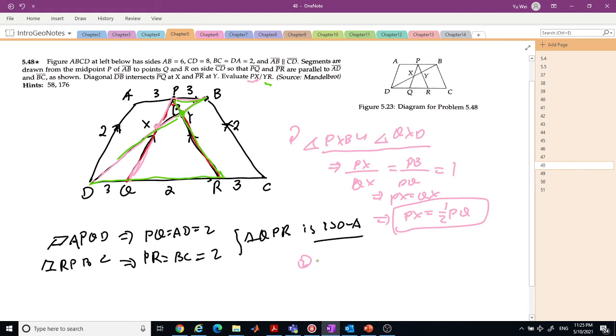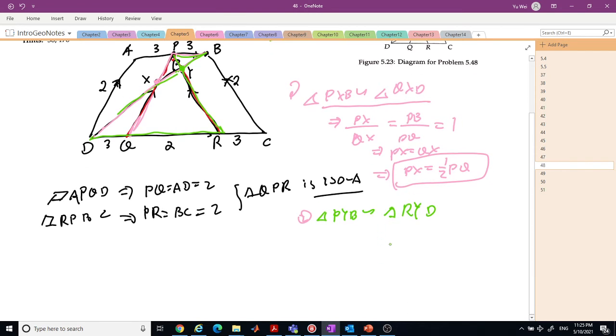The second similar triangle is triangle PYB, similar to triangle RYD, right? So we can see PY over YR is equal to PB over DR, which is equal to 3 over 5.